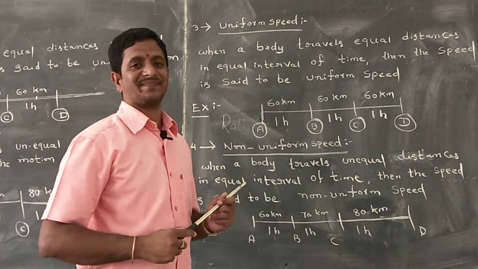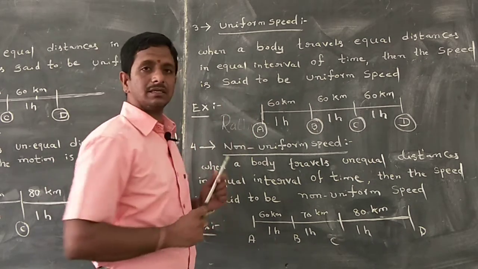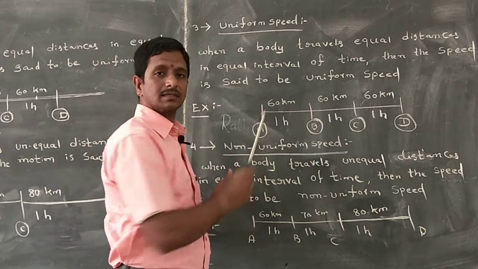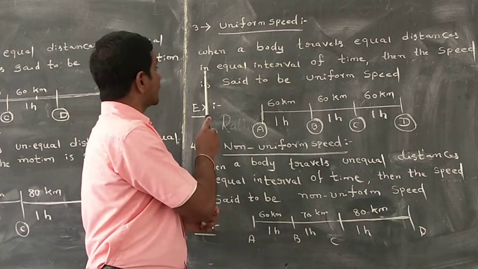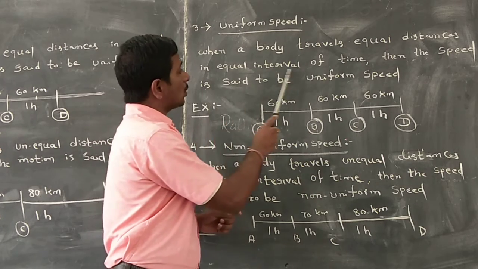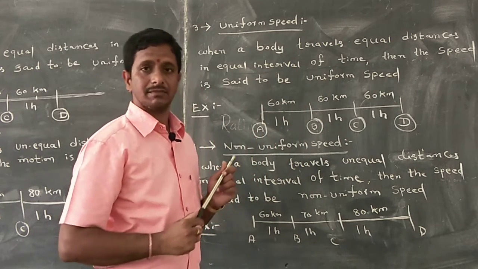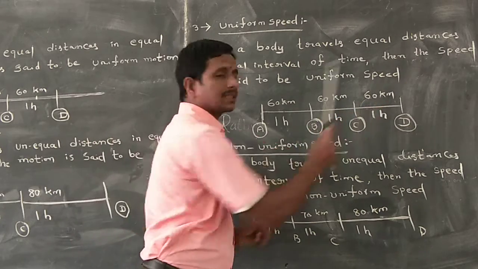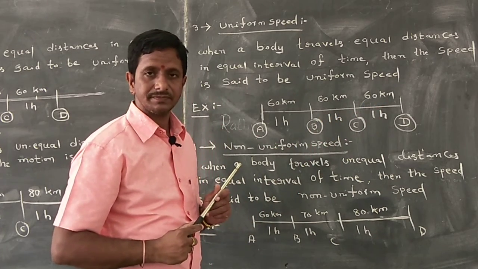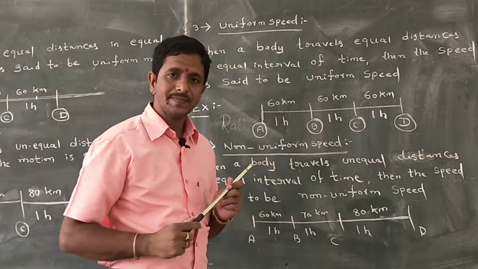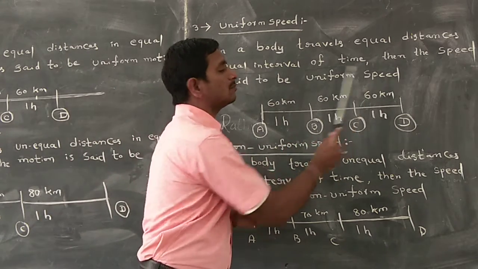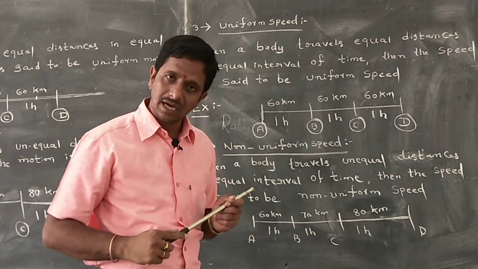Once again, when a body travels equal distances in equal intervals of time, then the speed is said to be uniform speed.